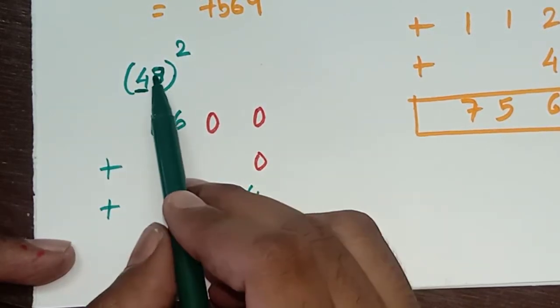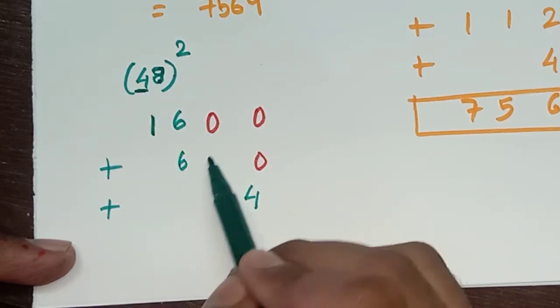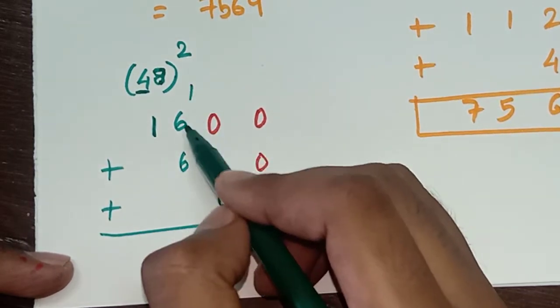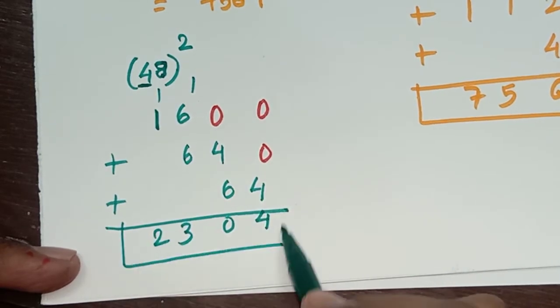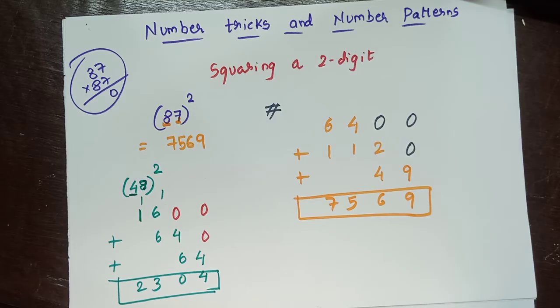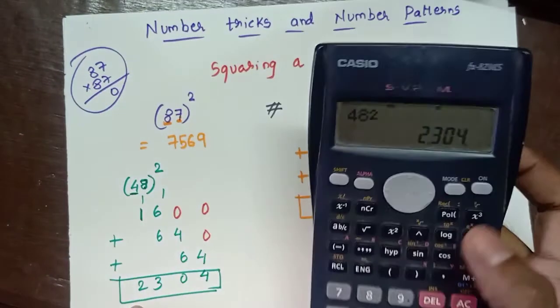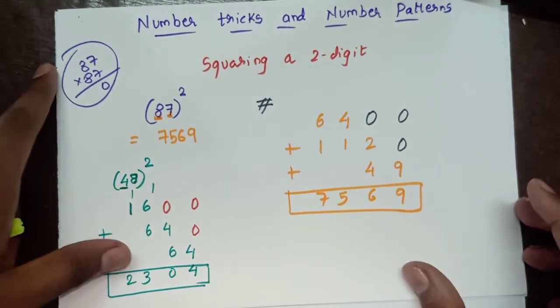And here you write the product: 8 fours are 32, 32 twos are 64, so 64 again right here. Now simply add: 6 and 4 is 10, 6 plus 6 is 12, plus 1 is 13, and then 2. So 2304 is your answer. As in the traditional way, check it: 48 squared is 2304. I will show you some more numbers and then I will show you another method to find it.